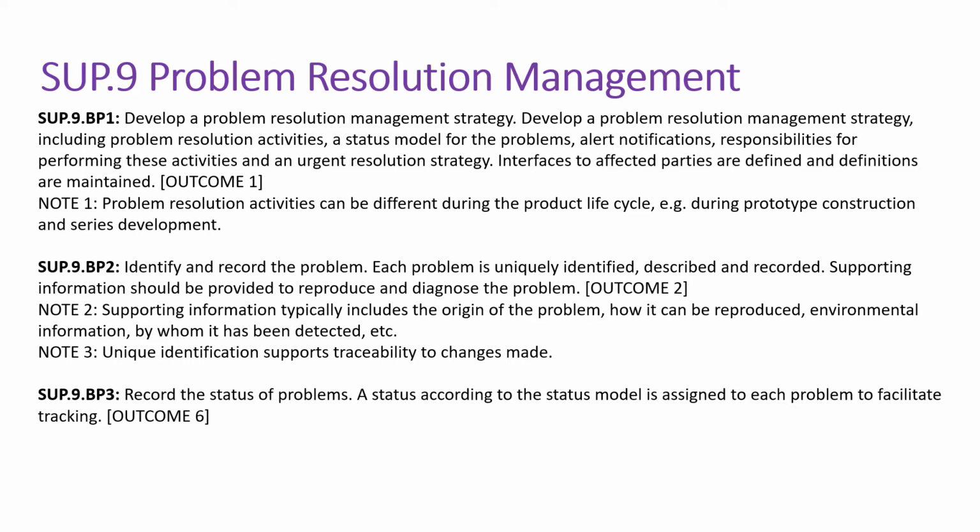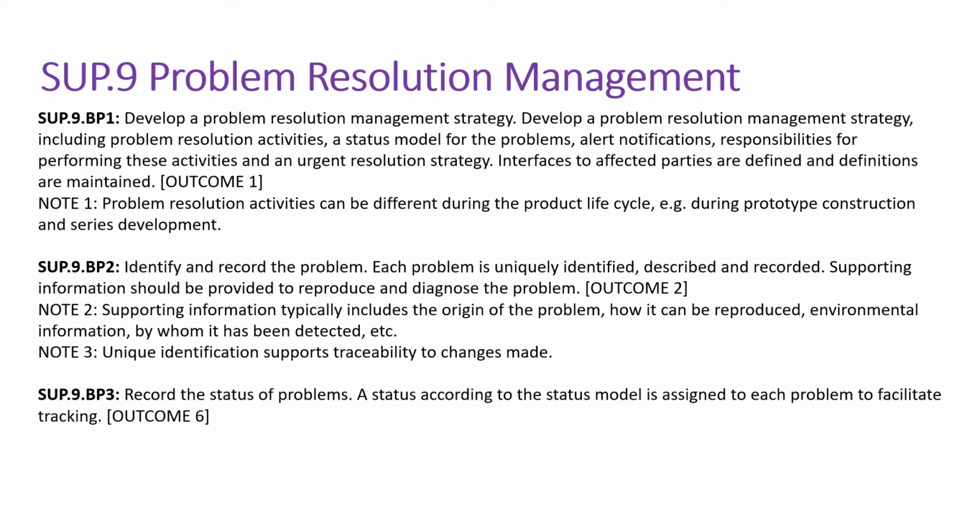So how you identified this particular problem in your project, any supporting documents or diagnostics like logs and all, you can embed that problem evidence along with your problem tracker.